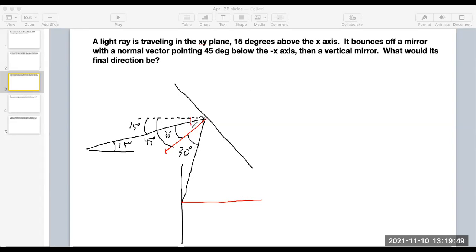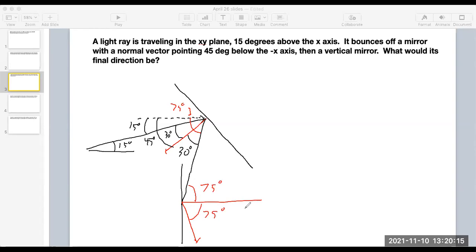So we've got 75 degrees here. So on its path out, 75 degrees.